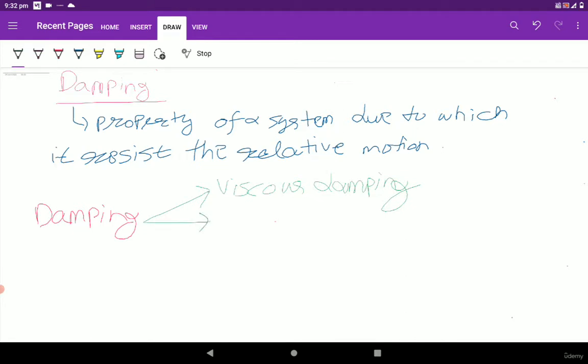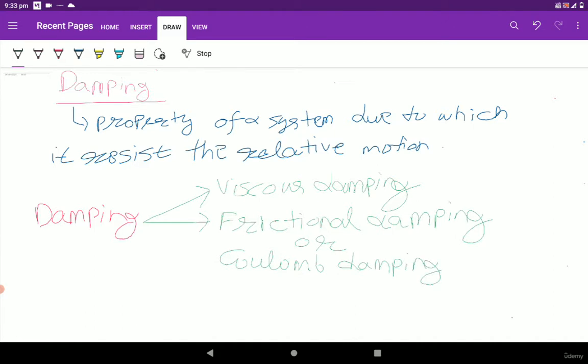The second one is frictional damping, which is also called Coulomb damping. And the third one is called material damping, or also called hysteresis damping.